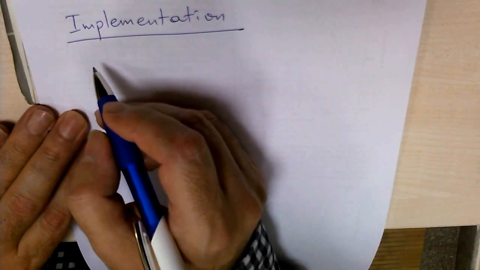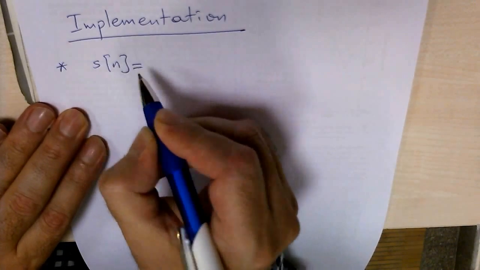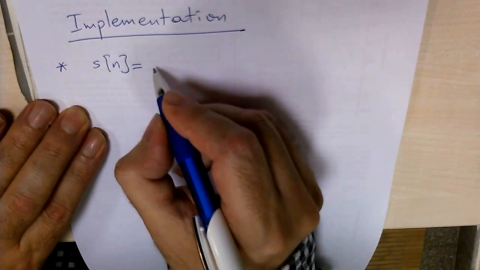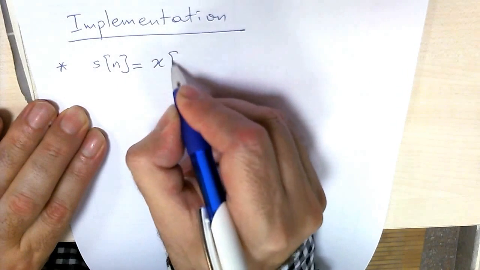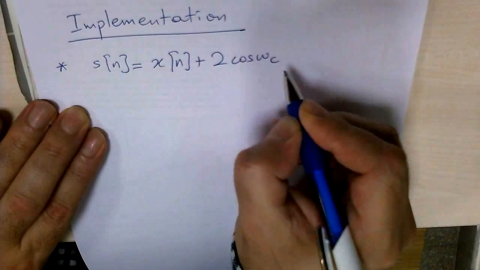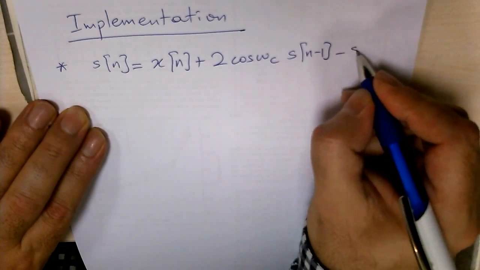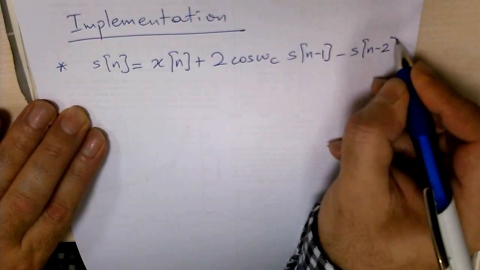First, I have a recursion: S[n] is equal to x[n] plus 2 cosine omega_c S[n-1] minus S[n-2].